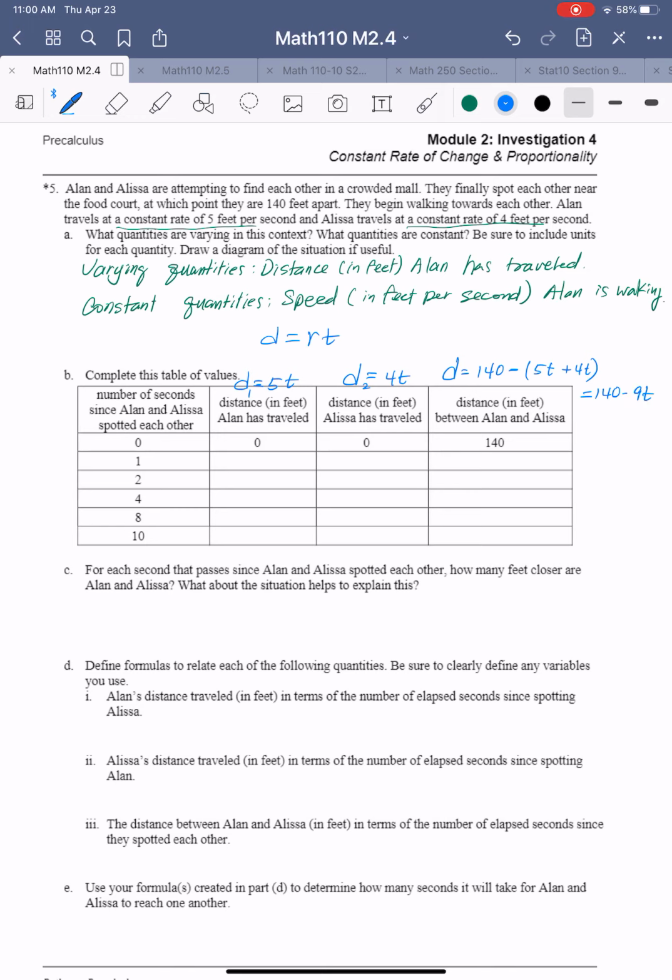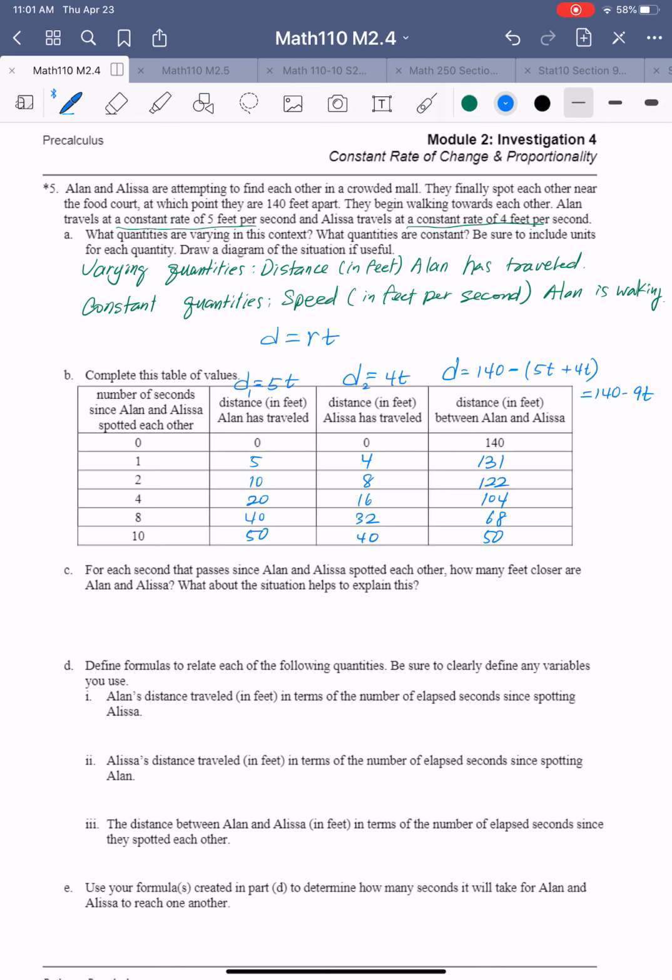So when you plug it in, you get 5, 10, 20, 40, and 50 for Ellen. Lisa is 4, 8, 16, 32, and 40. And then plug in t as those numbers, you get 131, 122, 104, 68 and 50. So they get closer and closer.